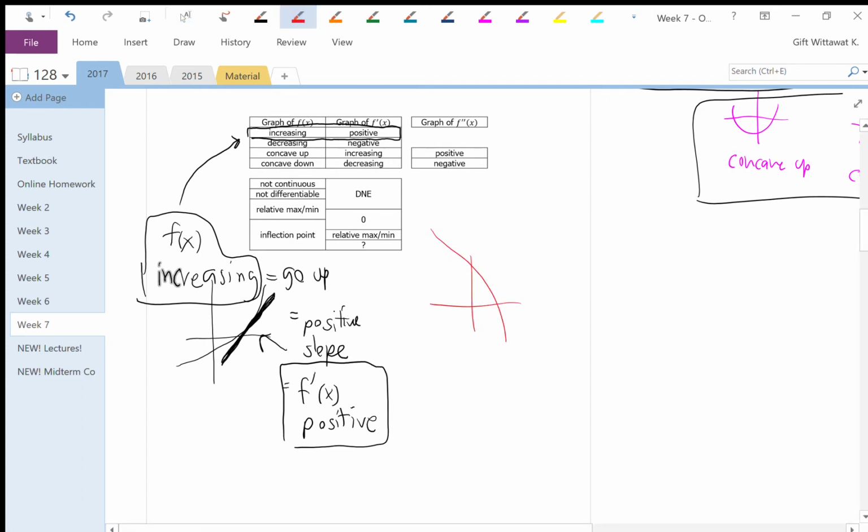If my function is going down, if my function is decreasing, then that means it's going to go down. Then that means it has a negative slope.